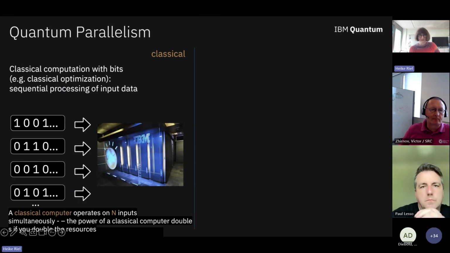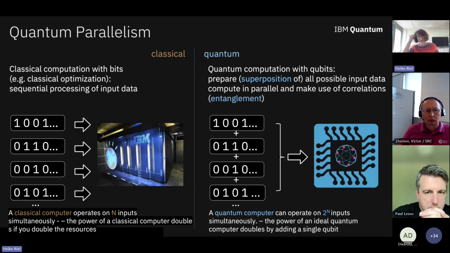So I have another analogy again. We have different bit states in a classical computer, and you operate on these n inputs, and of course you can operate simultaneously on these n inputs, and so the power of the classical compute doubles if you double the resources. For quantum computing, that's very different, because you use quantum bits.